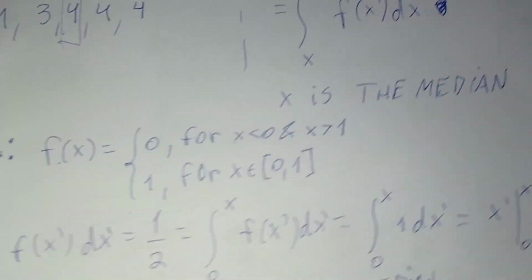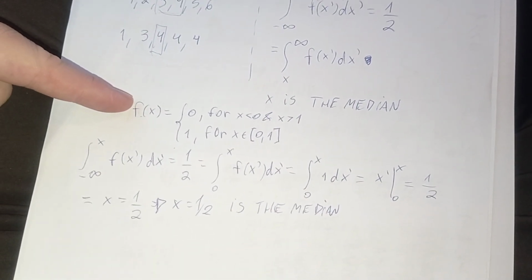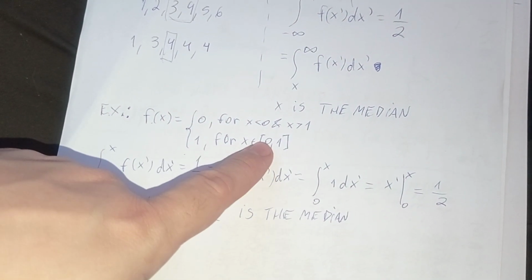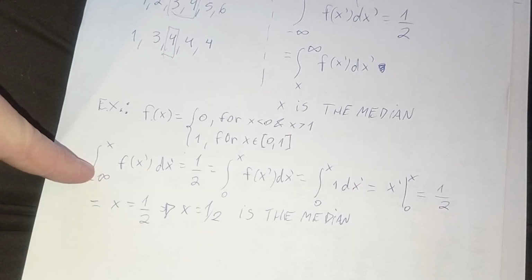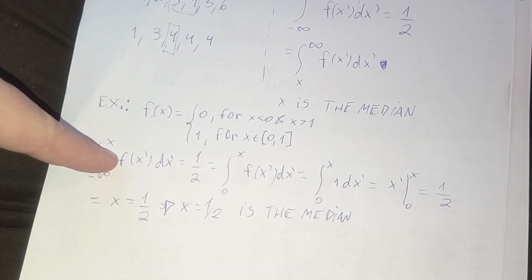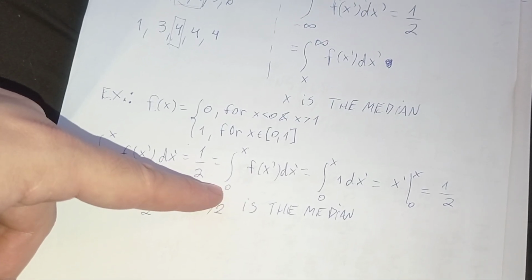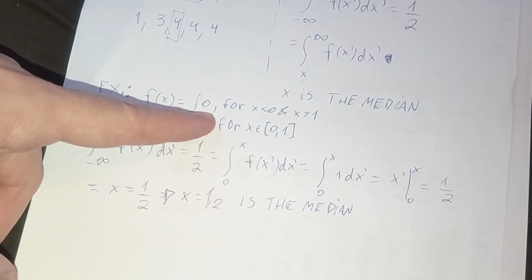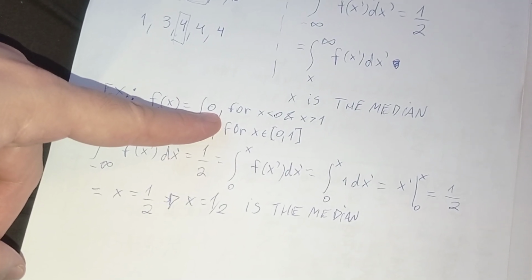So let's give you a fairly simple example. Let's say your statistical distribution is 0 for x smaller than 0 and bigger than 1, and is 1 in the interval between 0 and 1. So the integration from minus infinity to x of this function has to be half by definition, which means the integration from 0 to x is what matters, because outside of this interval, it is for sure going to be 0.